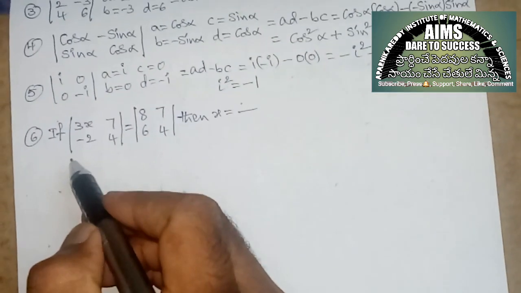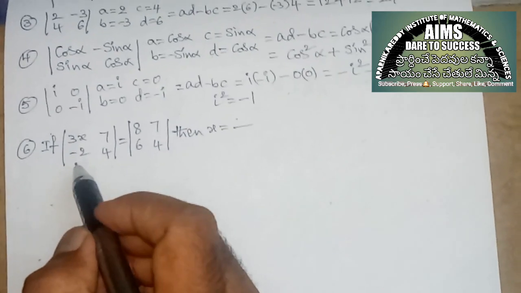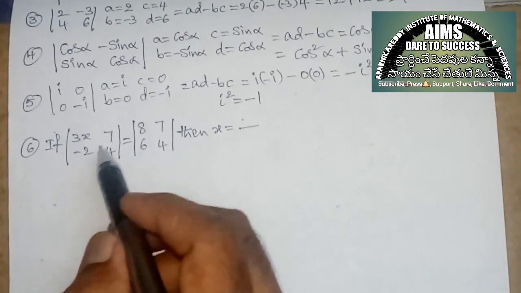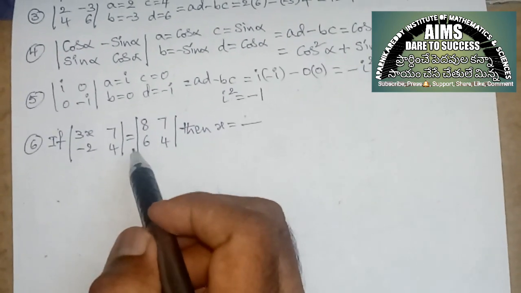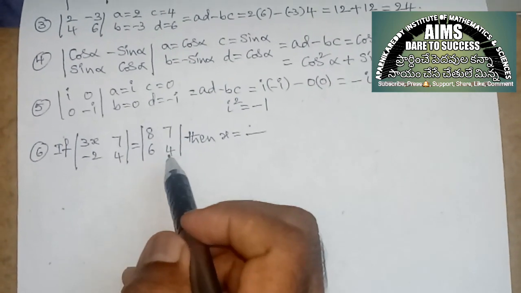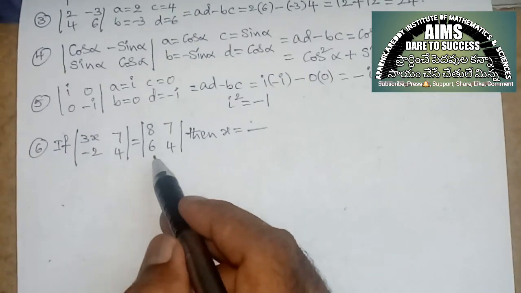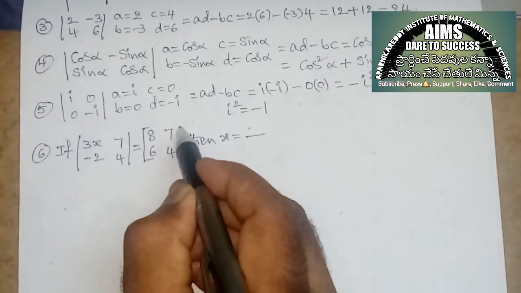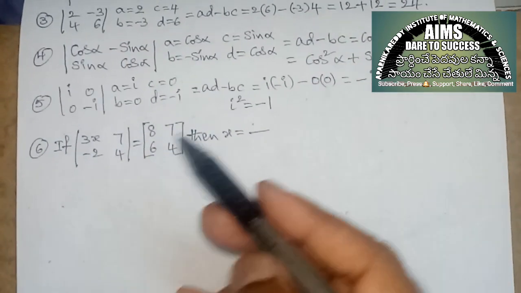Next question I wanted to explain to you, a determinant related question. If det of 3x, 7, minus 2, 4 is equal to 8, 7, 6, minus 4, here you can take the right side value is not det, it is only a matrix.